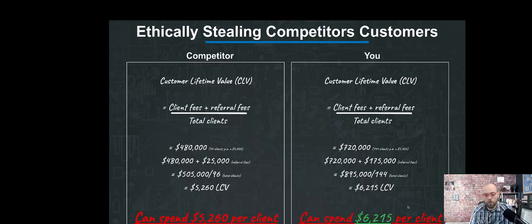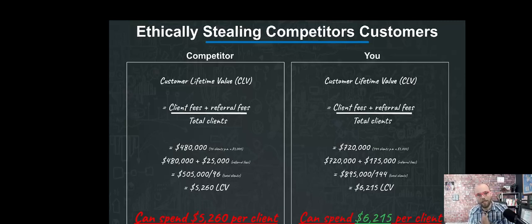You do, which means you can ethically steal every single one of their clients because they can't spend any more money. You can run more ads, you can do a lot more marketing because you've got that extra $1,000 that you can actually get back as profit versus what your competitor can do. Hopefully that makes sense.